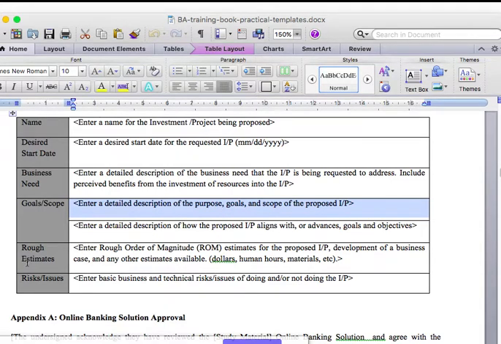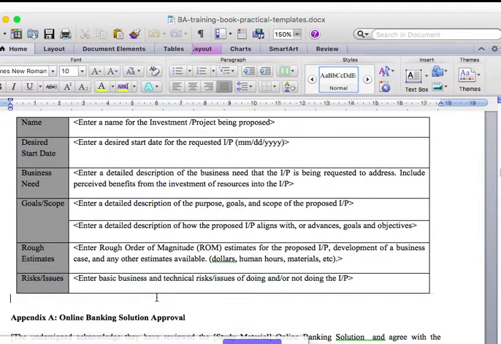And for rough estimation, you just write down how much it requires. Right now you don't need to write the human hours and material, just a number, how much cost it will require. And you can write the risks and issues, what the possible risks and issues are in this particular project. Okay, I will go through the other parts as well, so you will understand what I mean by all these details.